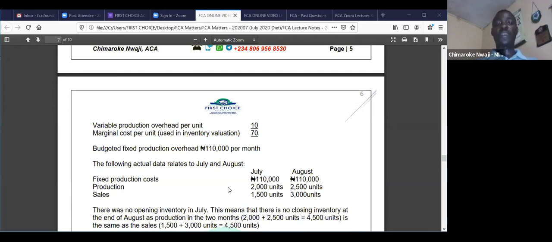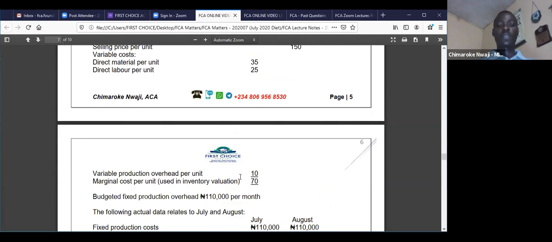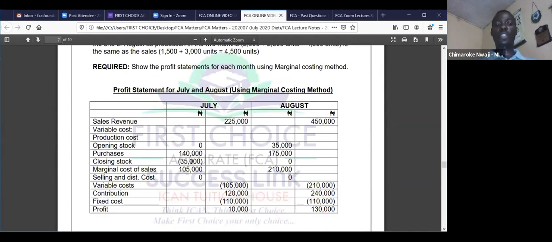You are left with 500 units unsold. How do you evaluate it? The question says 70 naira is used in inventory valuation. So you say 500 multiplied by 70, and that gives you 35,000. So the 35,000 we got here is our closing stock.